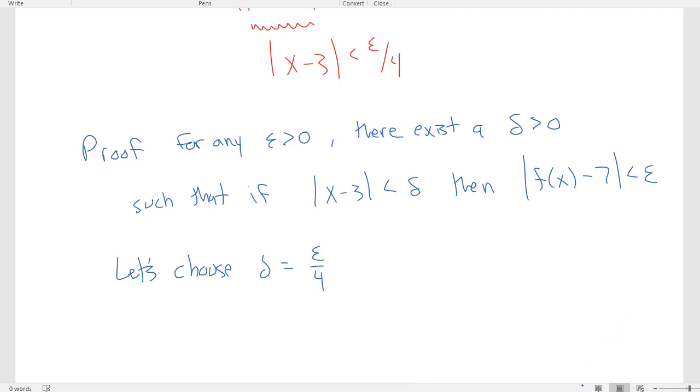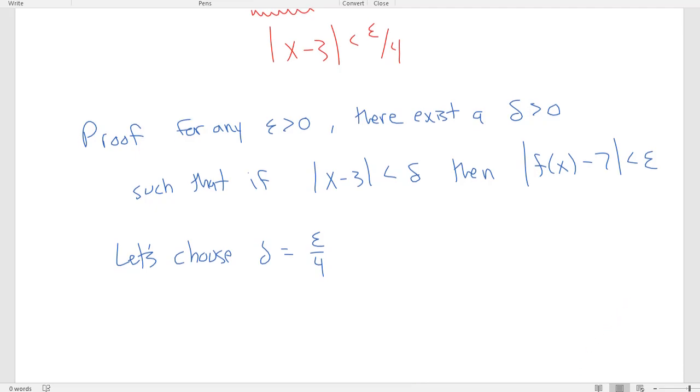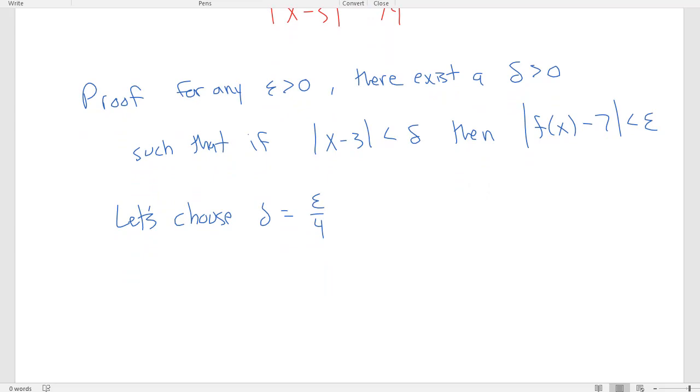So if the absolute value of x minus 3 is less than delta, we're going to work backwards here. We're going to say if x minus 3 is less than delta, then we're going to write f of x minus 7 is equal to, and we're going to do the factoring that we did before.